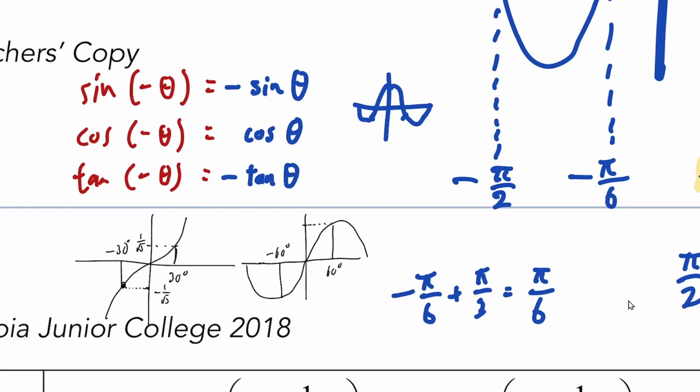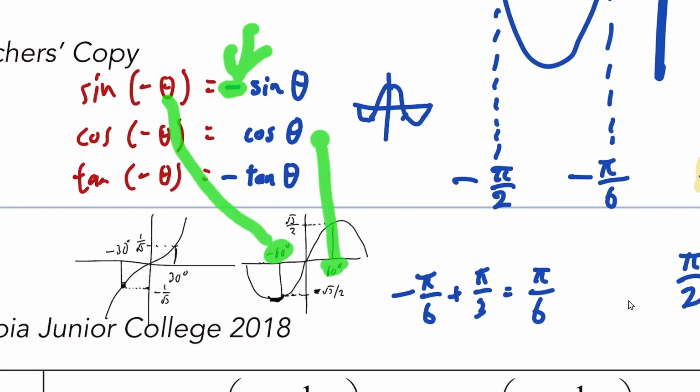Your corresponding y value is √3/2 and -√3/2. It's just because of the anti-symmetry property. It's like a DNA anti-symmetry. Then there's positive root 3 over 2 and negative root 3 over 2. That's why there's an extra minus sign here. I just use one example with 60 degrees and minus 60 degrees. Okay, good.